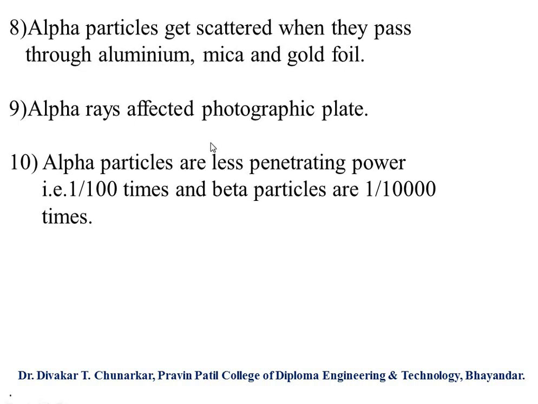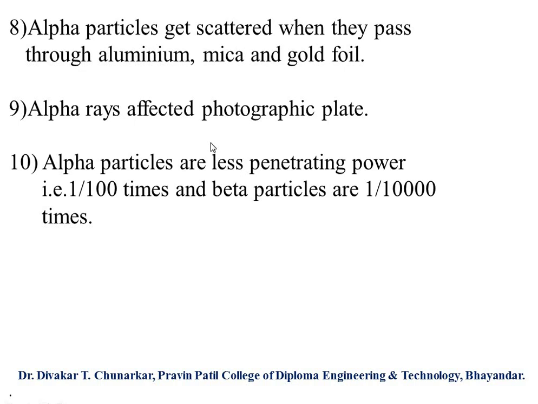The range of alpha particles is 2.70 centimeters in the case of uranium and 8.62 centimeters in the case of thorium. Alpha particles get scattered when they pass through aluminium and mica sheet.